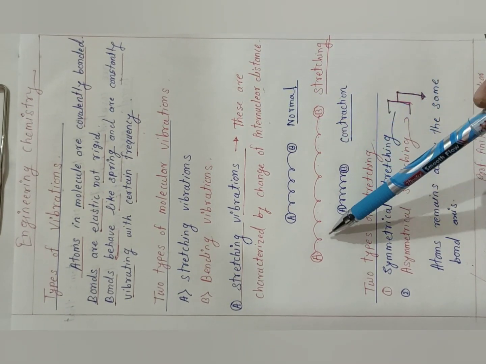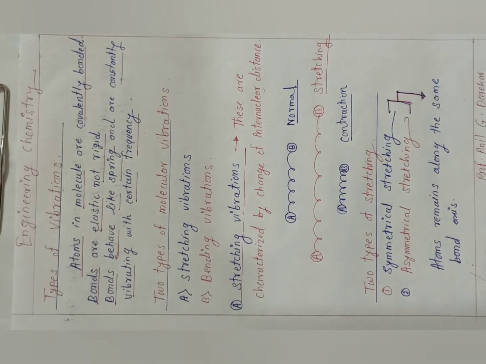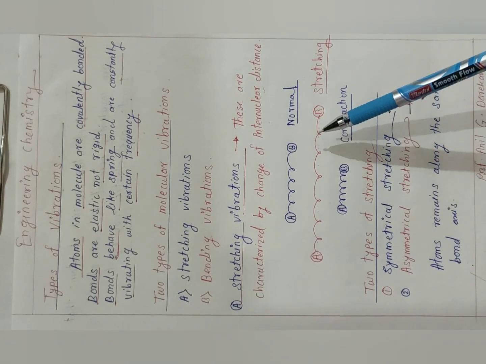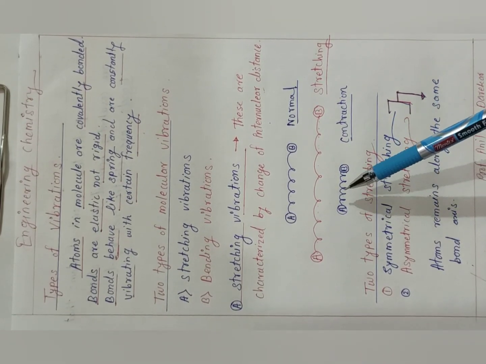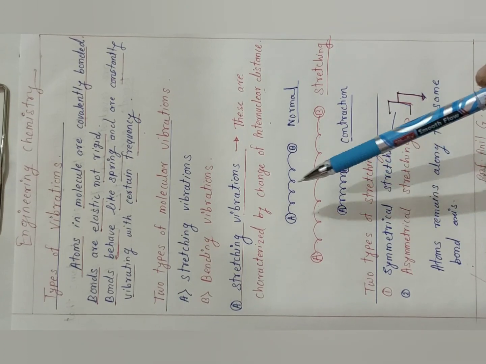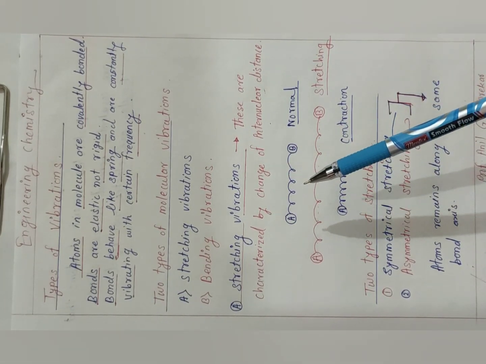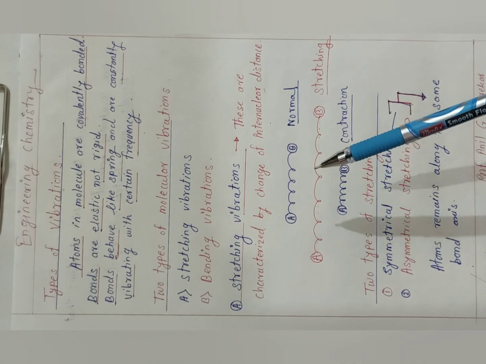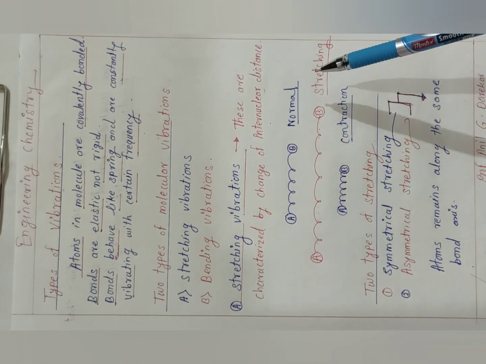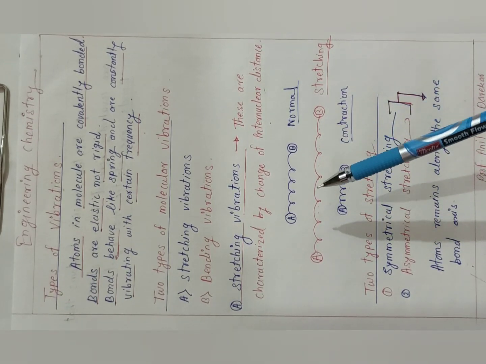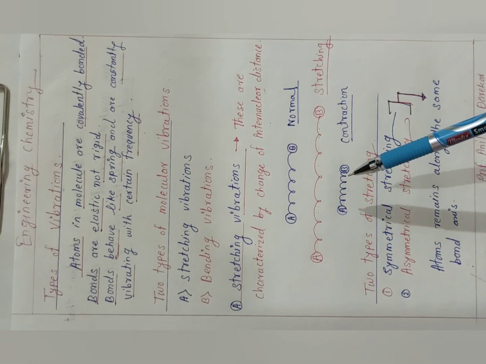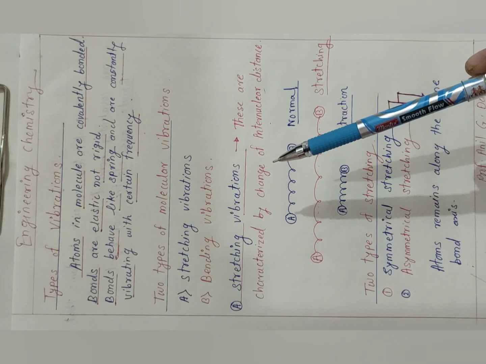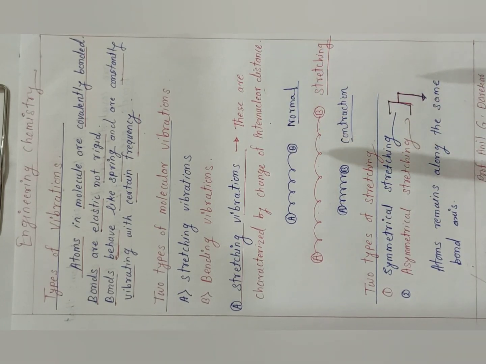When we stretch, bond length increases. And when we compress or contract, bond length decreases. So this is the stretching vibration. In a stretching vibration, the bond length between two atoms either increases or decreases. So this is characterized by change of internuclear distance.